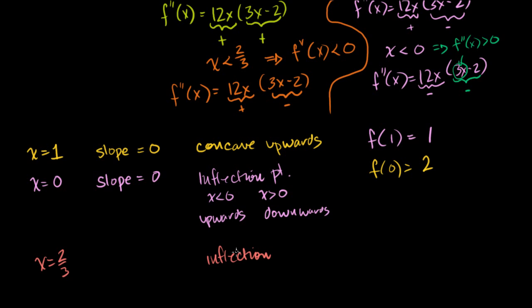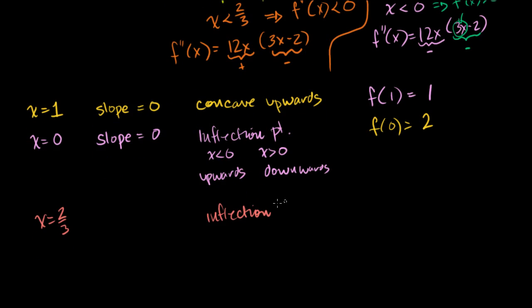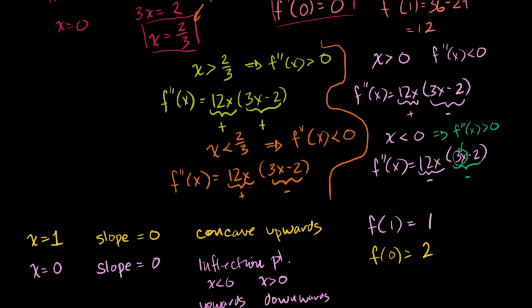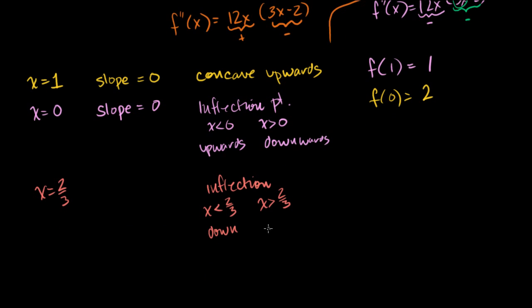And we know that when x is less than 2/3, we are concave downwards. And when x is greater than 2/3, we saw it up here, we were concave upwards. The second derivative was positive.